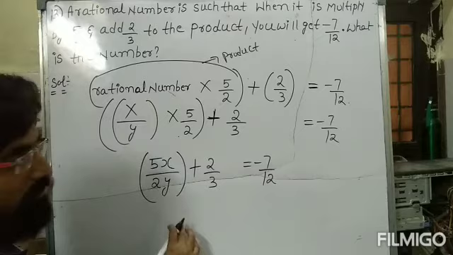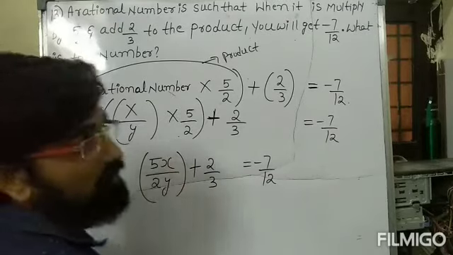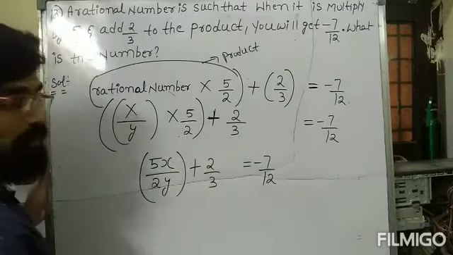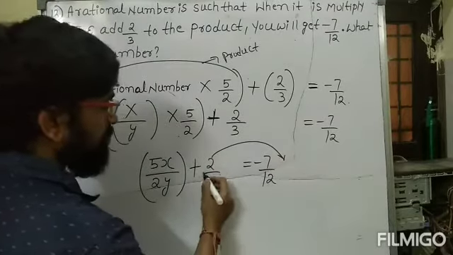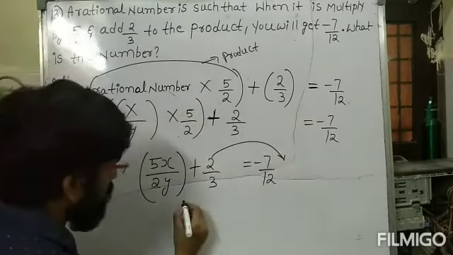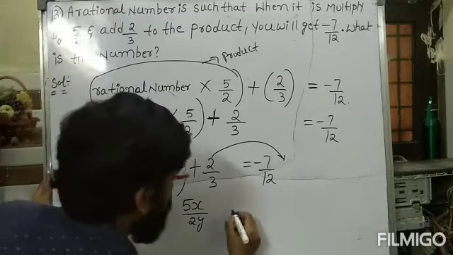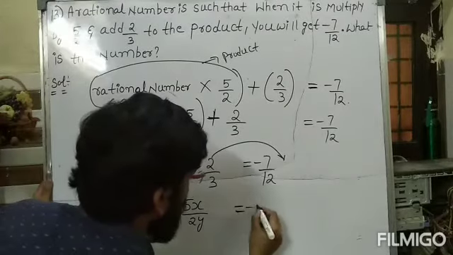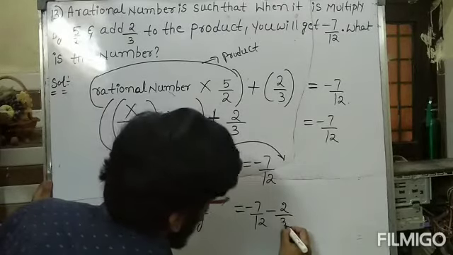Here x by y are variables. Here only numbers. Let's send this to here. Plus means it becomes minus. Then 5x by 2y is equals to minus 7 by 12 minus 2 by 3.